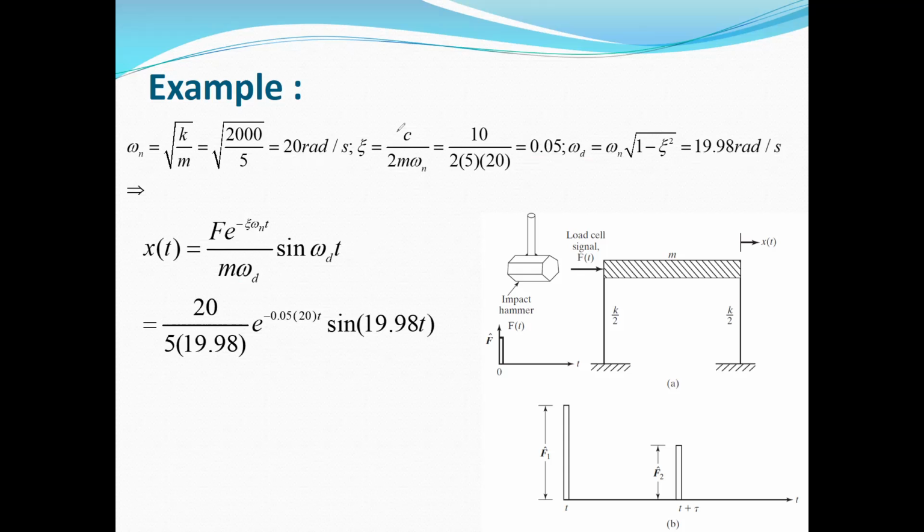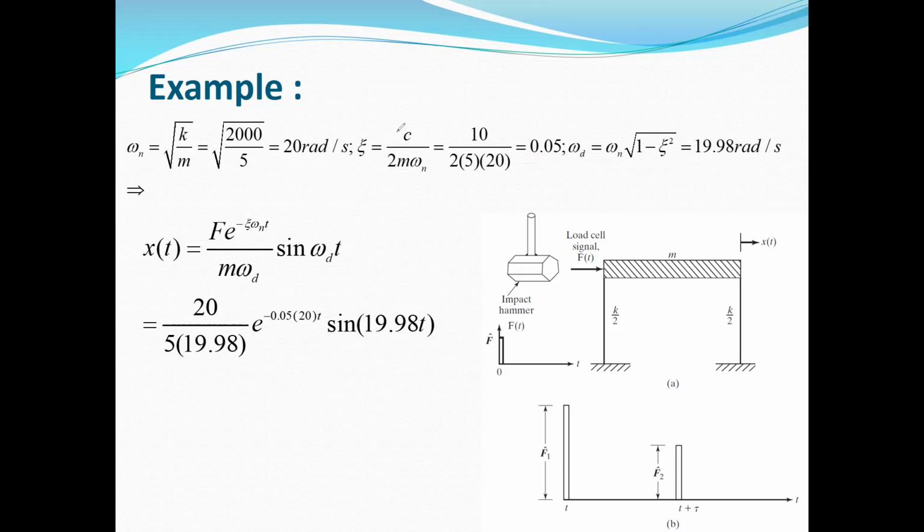Of course, as I explained yesterday, the purpose of using this equation is not to solve the equation for the system subjected to the impulse. In fact, this formula is used to obtain the response of the system under a general forcing.